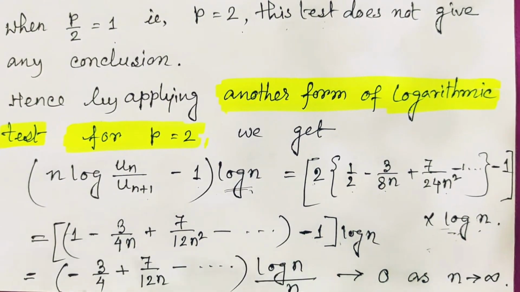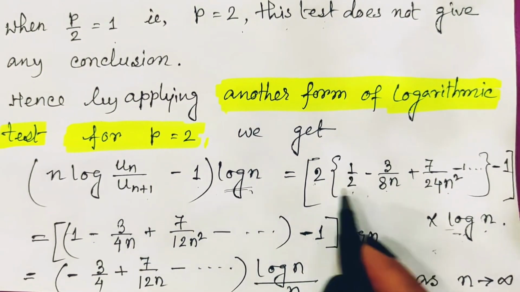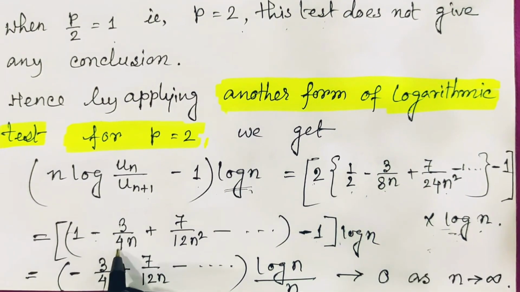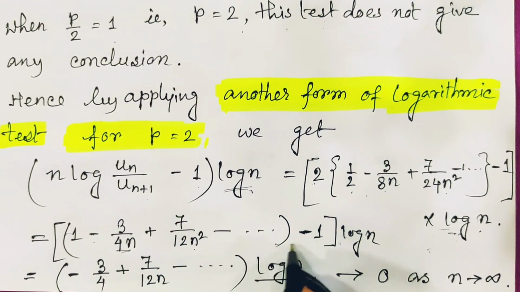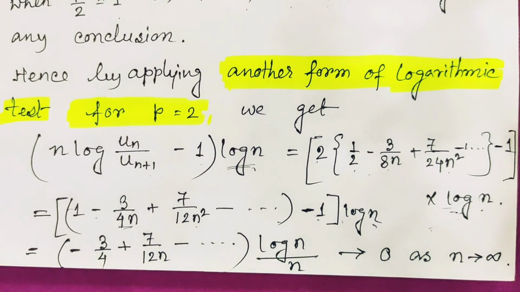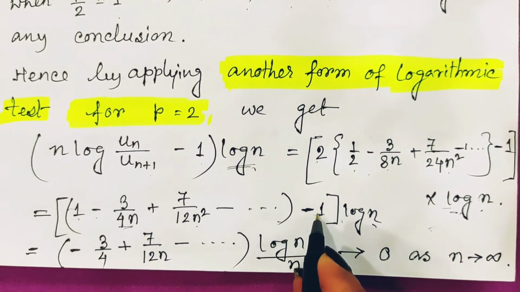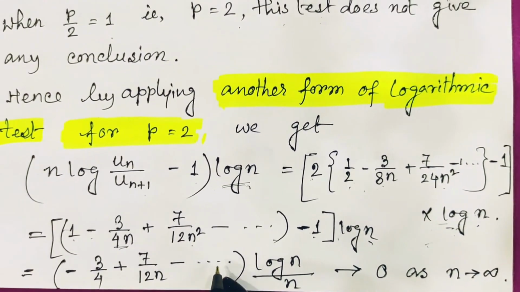Okay, now what will we find? The first term we find as 1. The second term is 3 by 4n. The third term is 7 by 12n square, and in this way, minus 1 into log of n. When we simplify this more, just look, this one and this one cancel out, and from the entire thing we take n common, so that it becomes minus of 3 by 4 plus 7 by 12n minus the remaining terms, into log n by n.